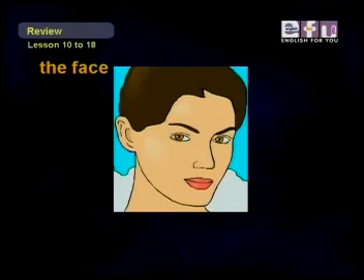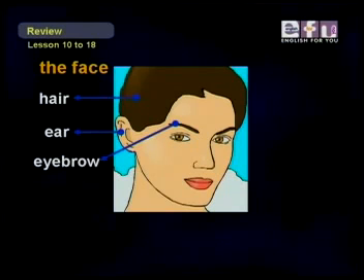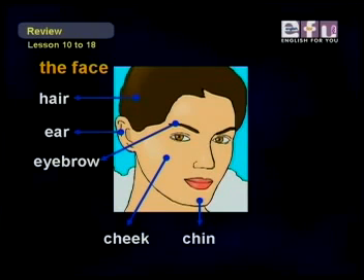Here's the face again: hair, the ear, eyebrow, cheek, chin. Okay, so there's the face. And nose, we can't forget the nose.